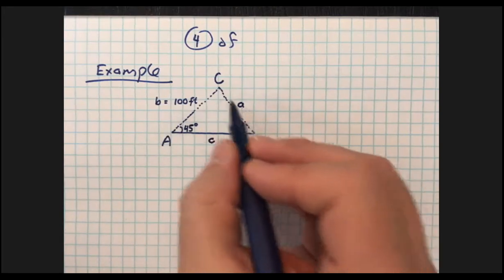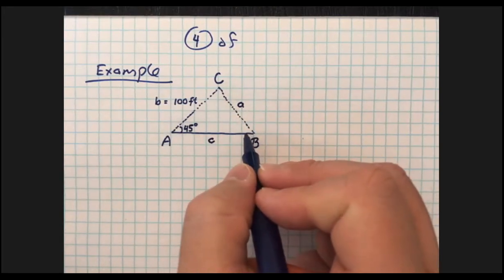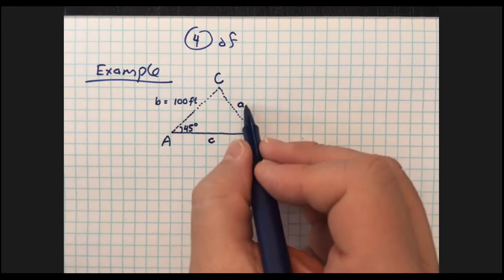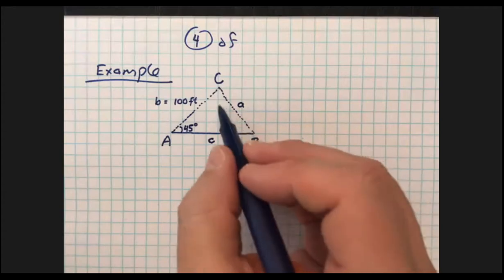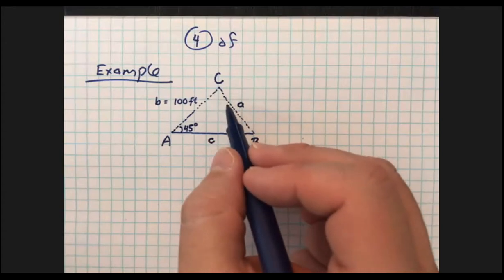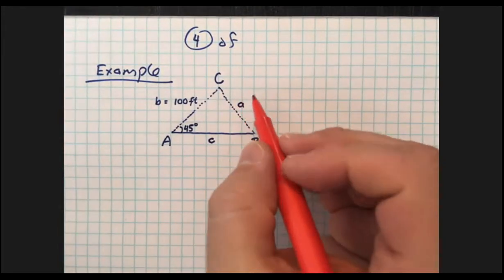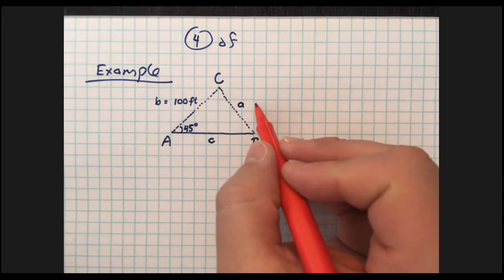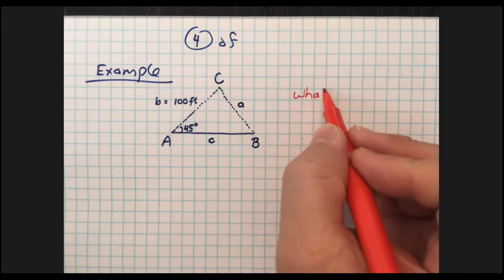So I don't know the angle C, I don't know the angle B, I don't know the side a, and I don't know the side c. But in a sense, Trevor is asking, could there be one or more than one or no triangle here? Well, let's say that I told you a was 10.